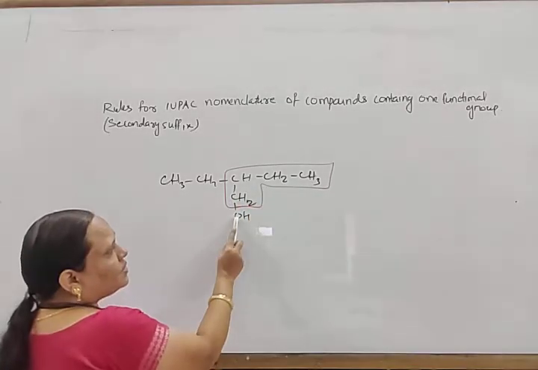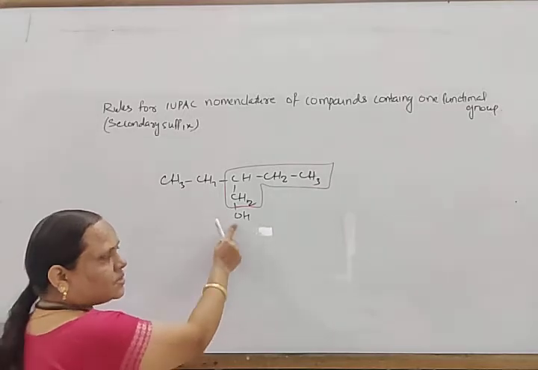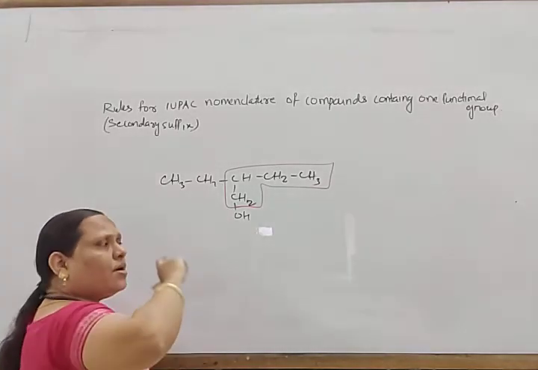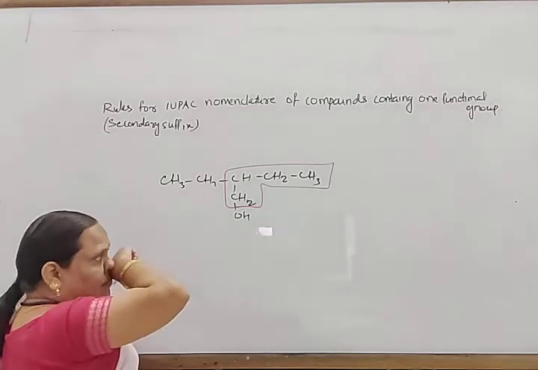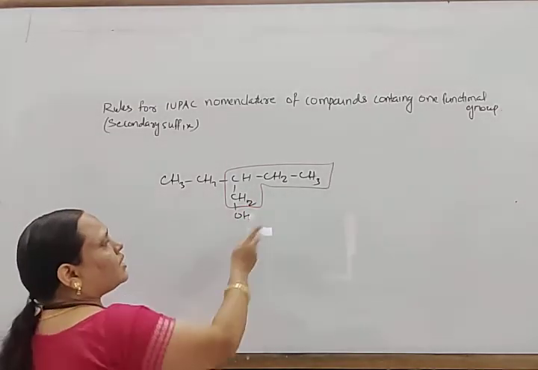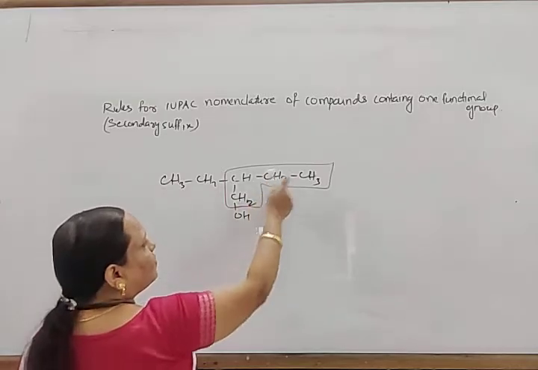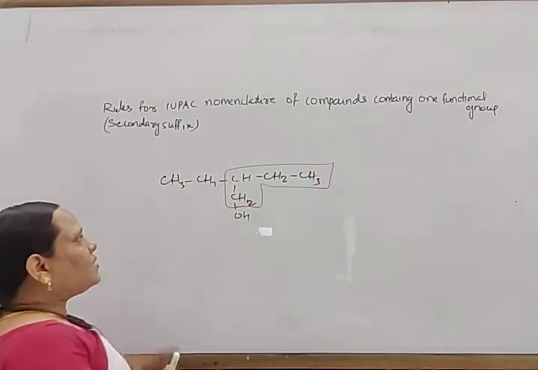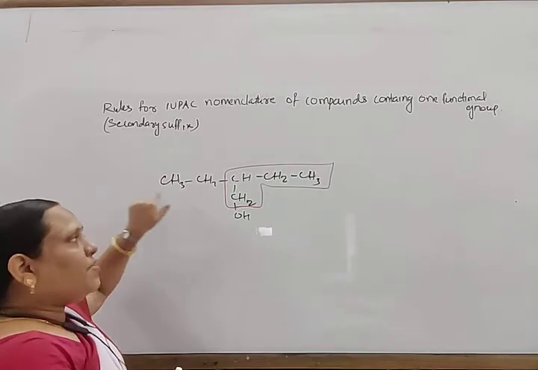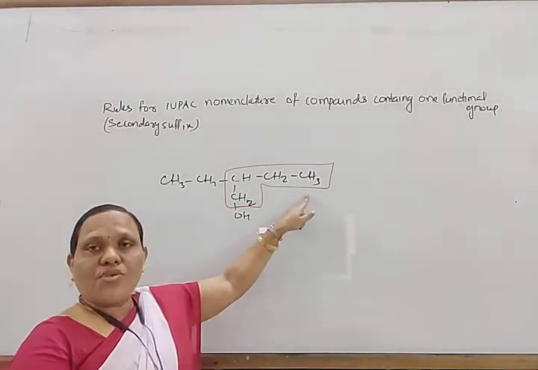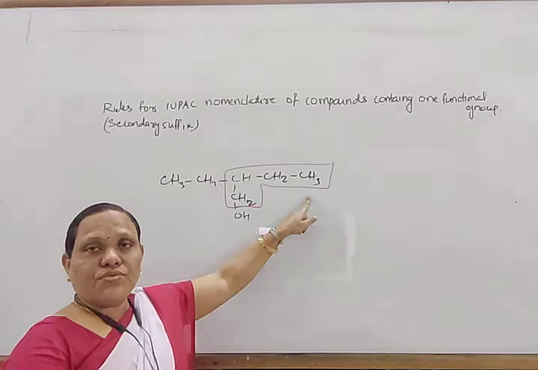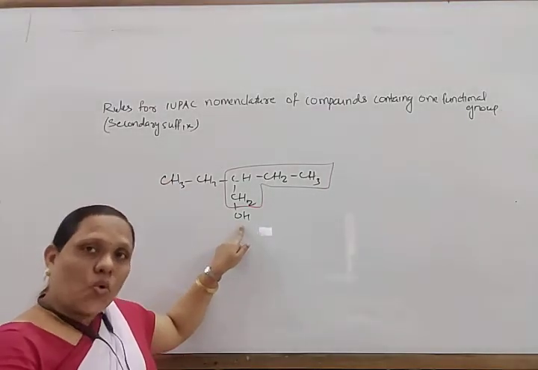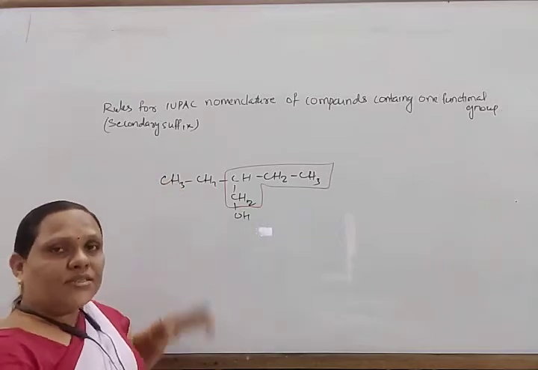You have to give the lowest position to the functional group, so start in this way. At the two position, ethyl is there. So this is your prefix, and but is the word root, and the secondary suffix for OH is OL.